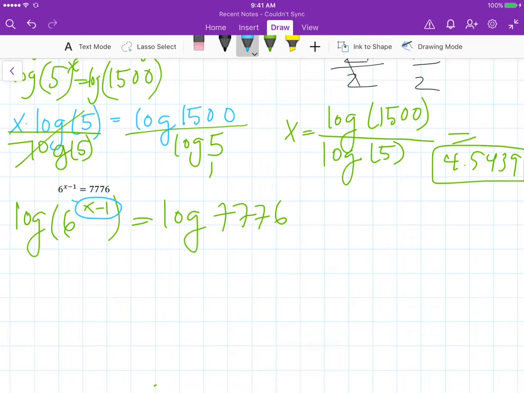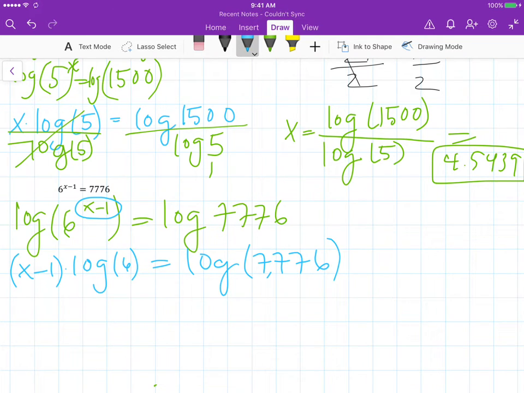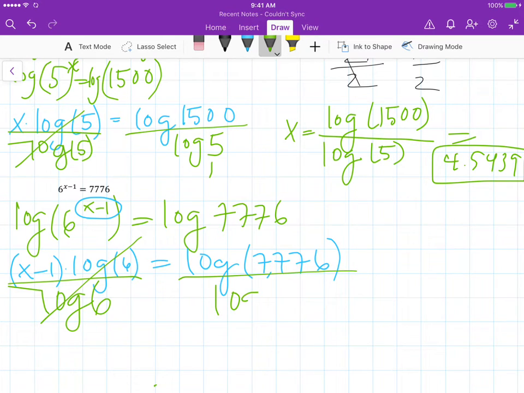Power rule says that this exponent here can come down in front. So I could say x minus 1, that whole power is being multiplied by the log of 6 equals the log of 7,776. Cool. Again, I want to solve for x, so I can just divide by the log of 6 on both sides, because then I'm balancing my equation.